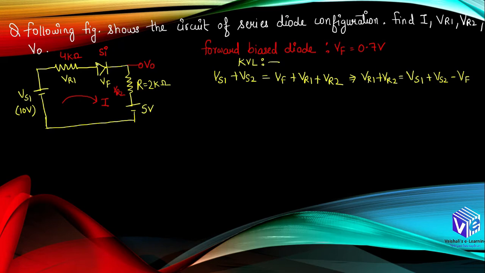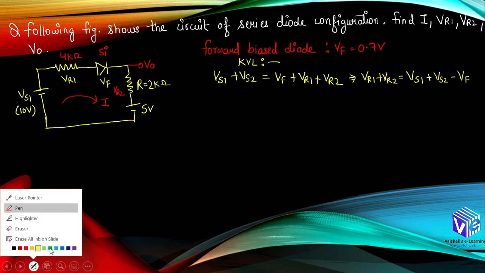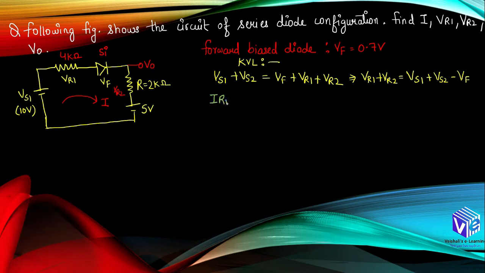Now what is VR1? VR1 will be equal to I R1, so I can represent it as I R1 plus I R2 equal to VS1 plus VS2 minus VF.